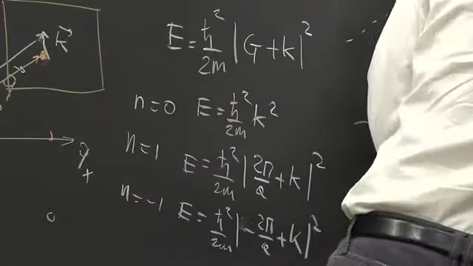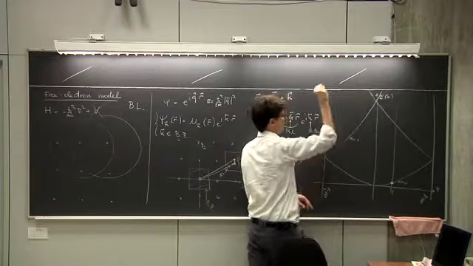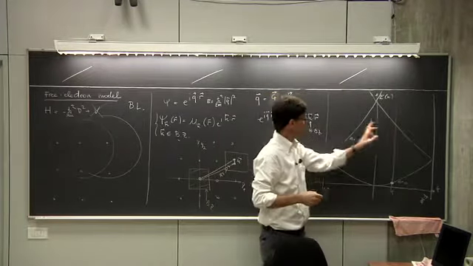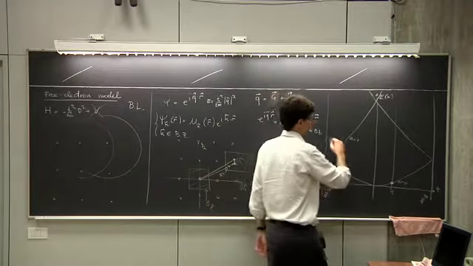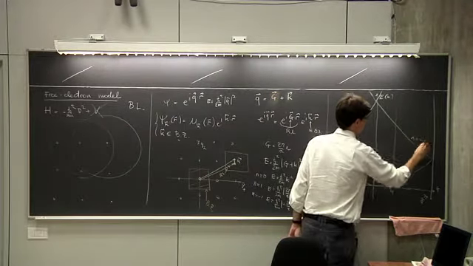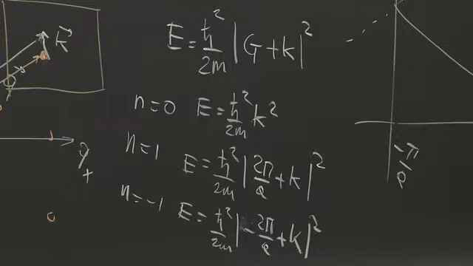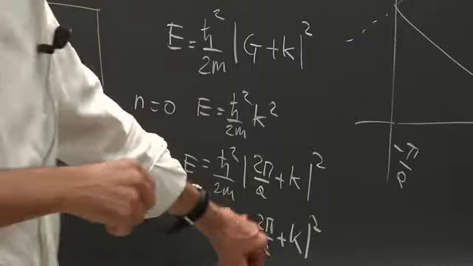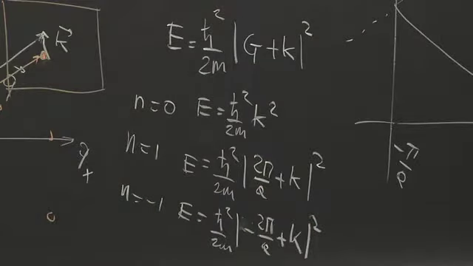Somewhere there, it will hit here again. Notice that this parabola is exactly symmetric to this one, because I'm just exchanging k into minus k. So this is n equals minus 1. n equals minus 2: (minus 4π over a plus k) squared. A parabola centered at 4π over a shoots up and doesn't show up in this plot here.